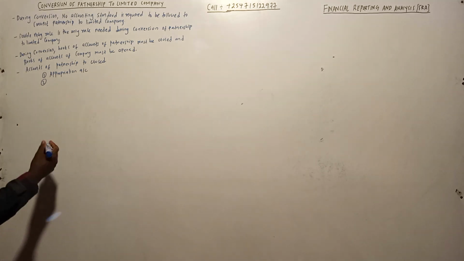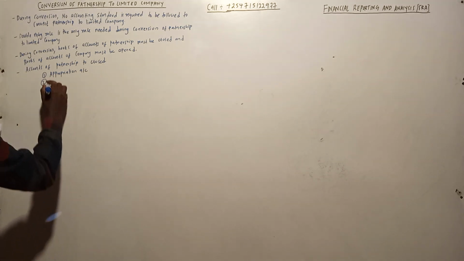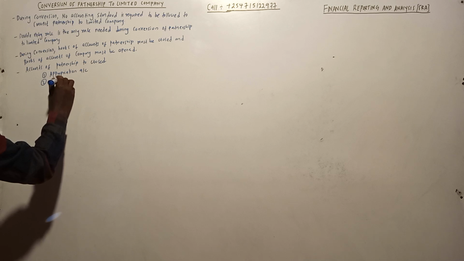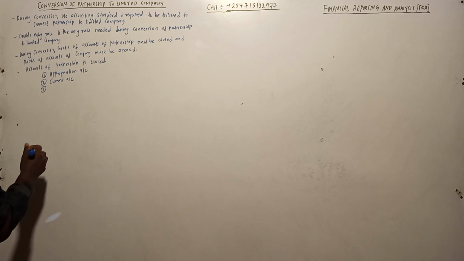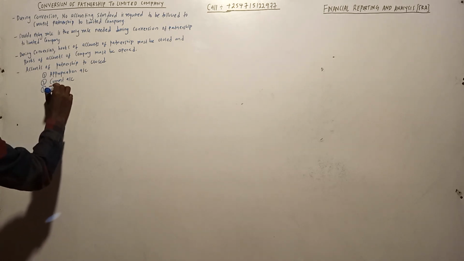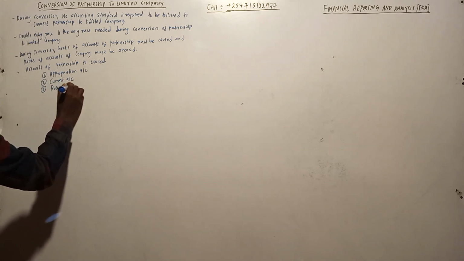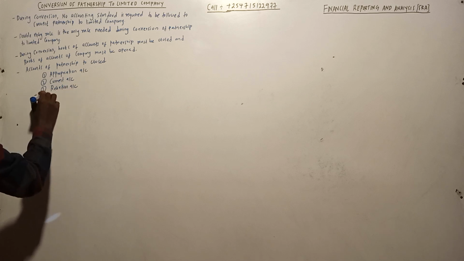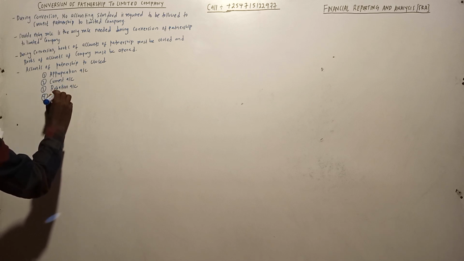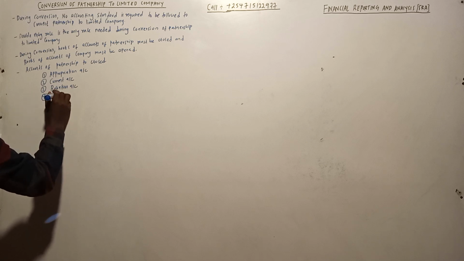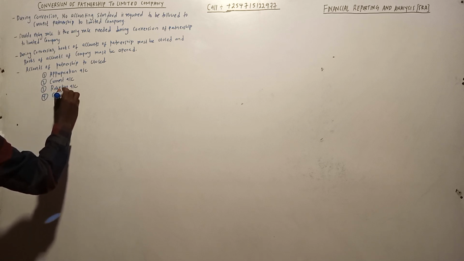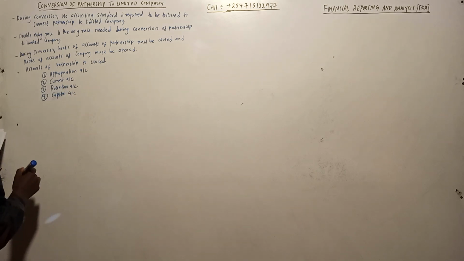So appropriation account. Number two, current account. Number three, realization account. Number four, partners capital account. That's all.